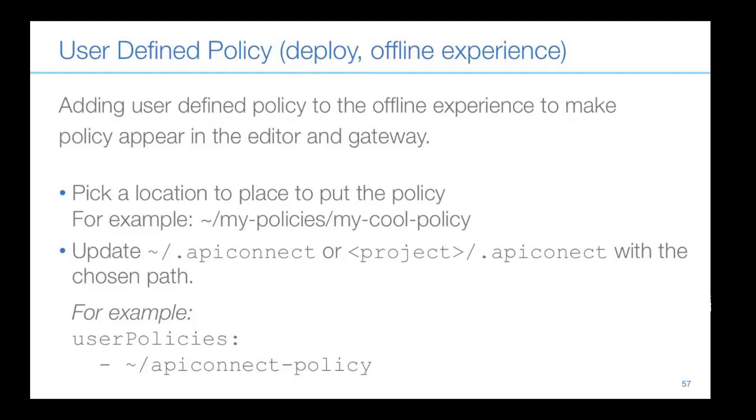And that zip contains your configuration describing your processing rules, your XSLT or GatewayScript files, and the processing actions and that sort of thing. And so there's already an established convention for that.